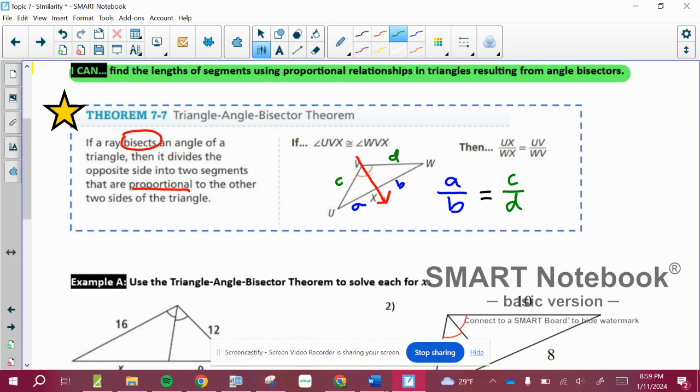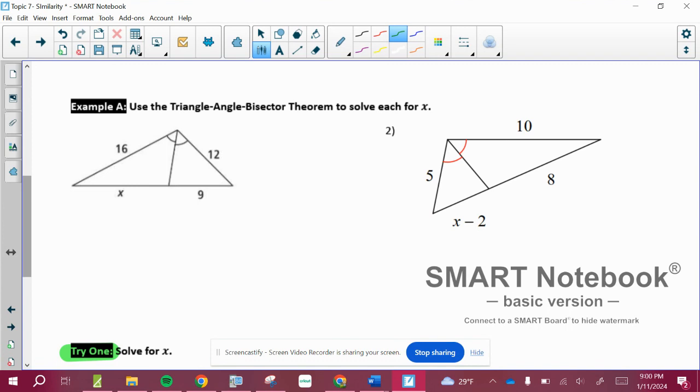Okay, so let's put this in an example so you can see how it works. Here we have a triangle, and I know that this angle here is getting bisected because they mark those two angles congruent. So we can apply this theorem where we set up a proportion. This ray cuts that side into two parts, so the parts here would be X and 9.